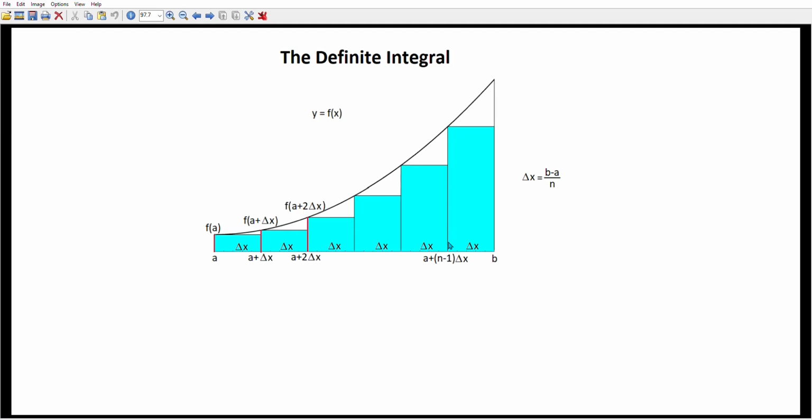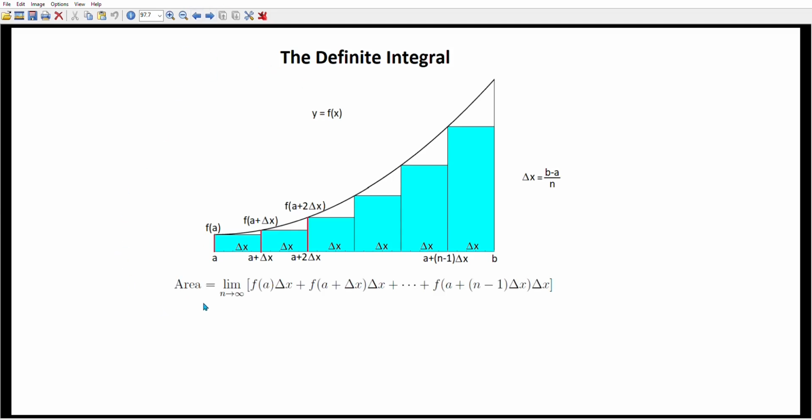So function value height, delta x, the width, and delta x was the length of the interval, b minus a, divided by n. You add up all of these, and you get an approximation for the area.